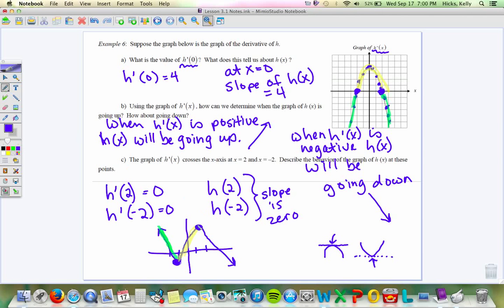Well, the h prime of x crosses 0 again. So our slope, once again, the slope of the tangent line is 0. And then, of course, we finish here with a negative y value for the slope, which means the line is going down. So it'd really be kind of a smooth curve. That's not a very good picture, but hopefully you get the gist of it.